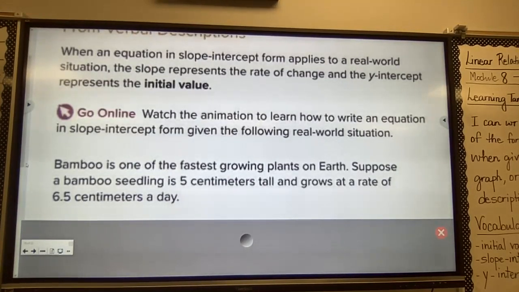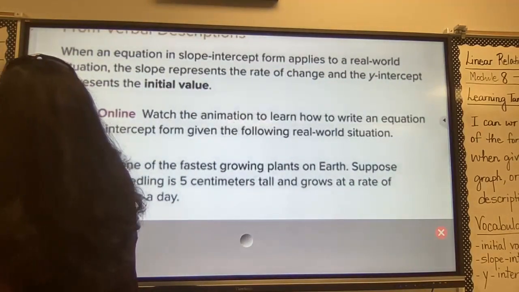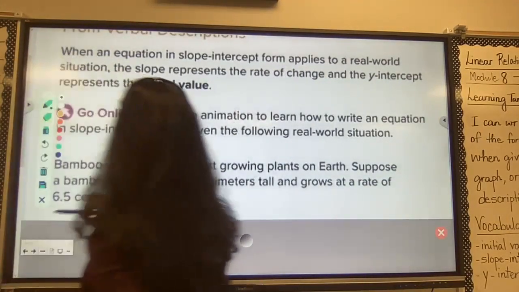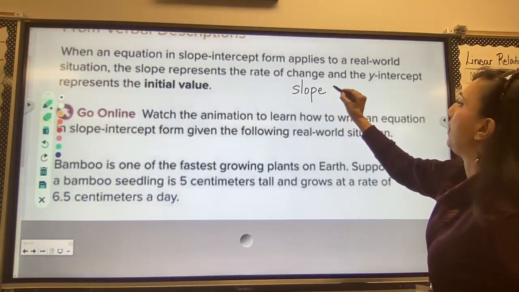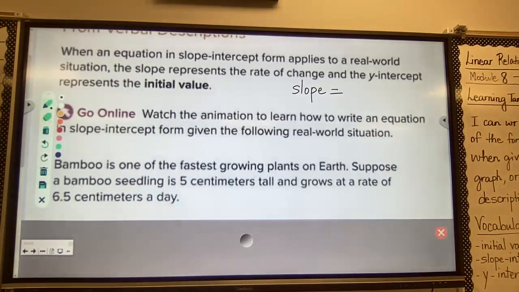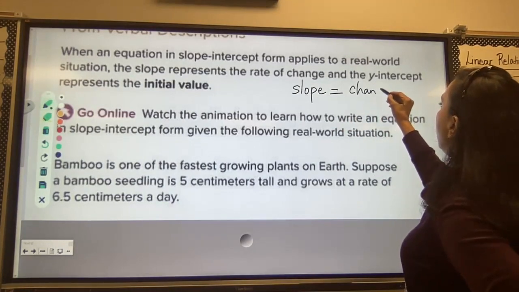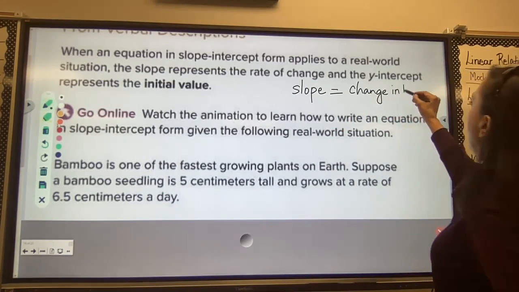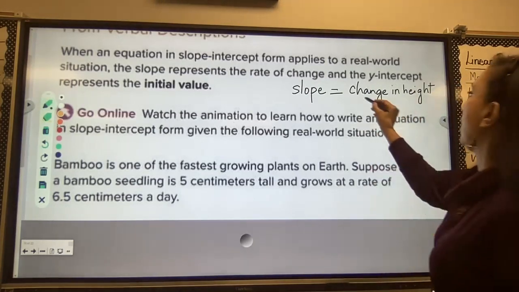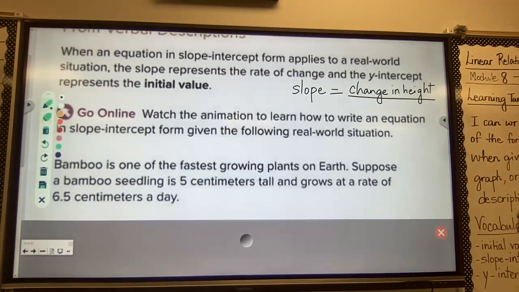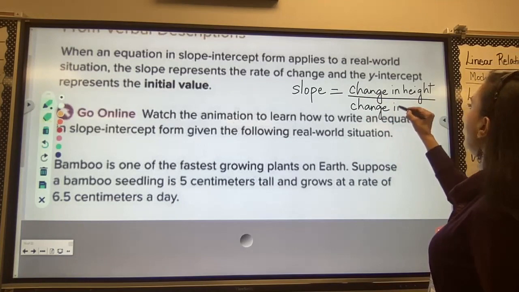So the slope in this case is going to be the change in height over change in time.